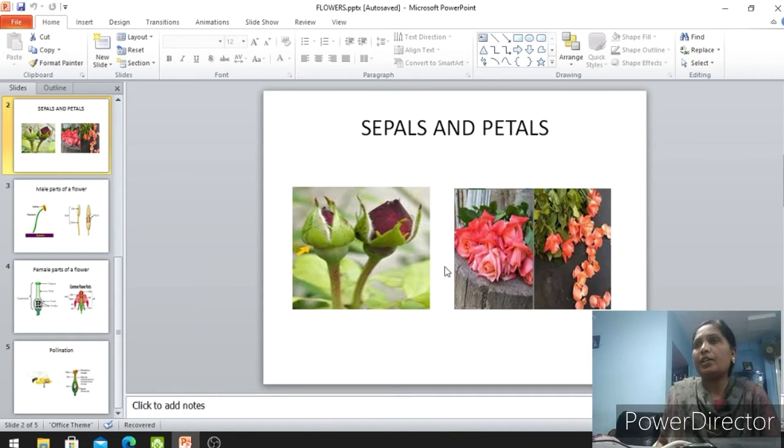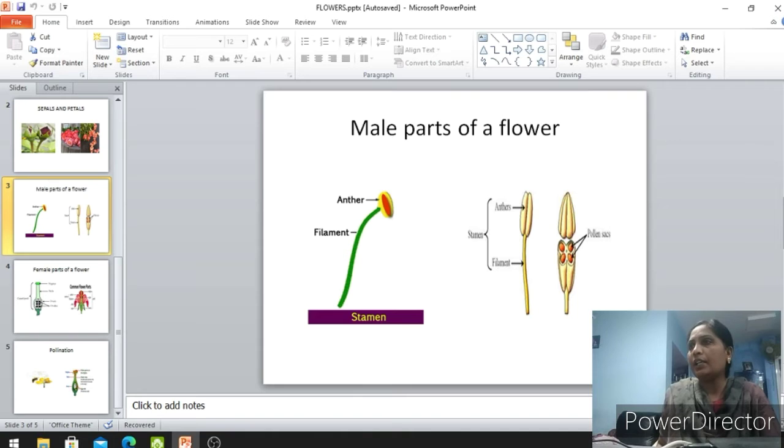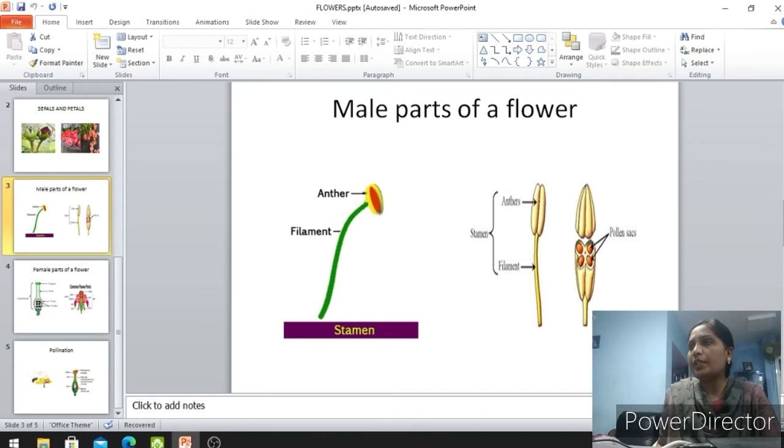Now what is pollination? Before understanding that, you need to understand the different parts present in a flower. In the science subject especially, when you are learning anything, you learn it along with its parts. When you are familiar with the different parts, it will be easy to understand their function, or how they work.